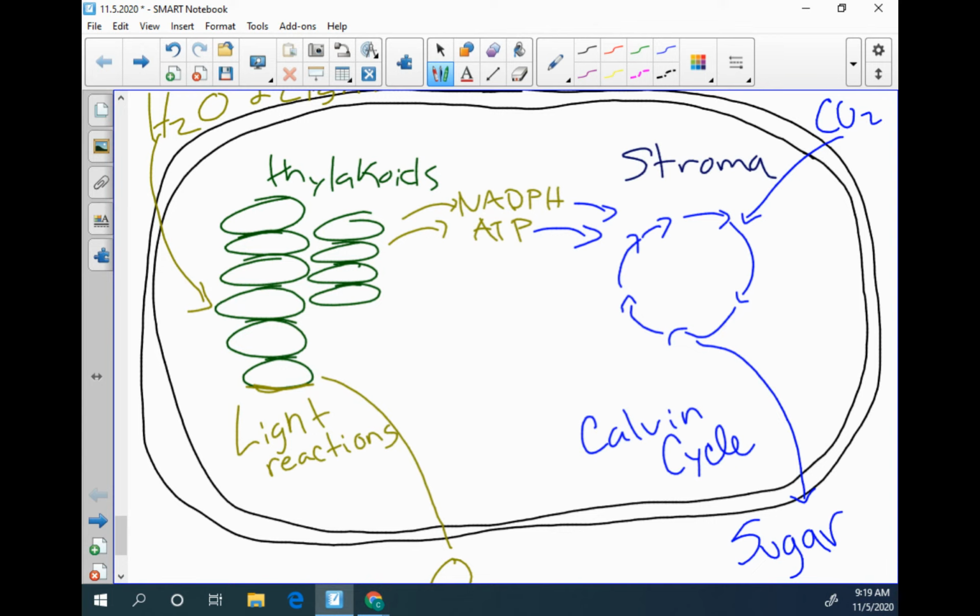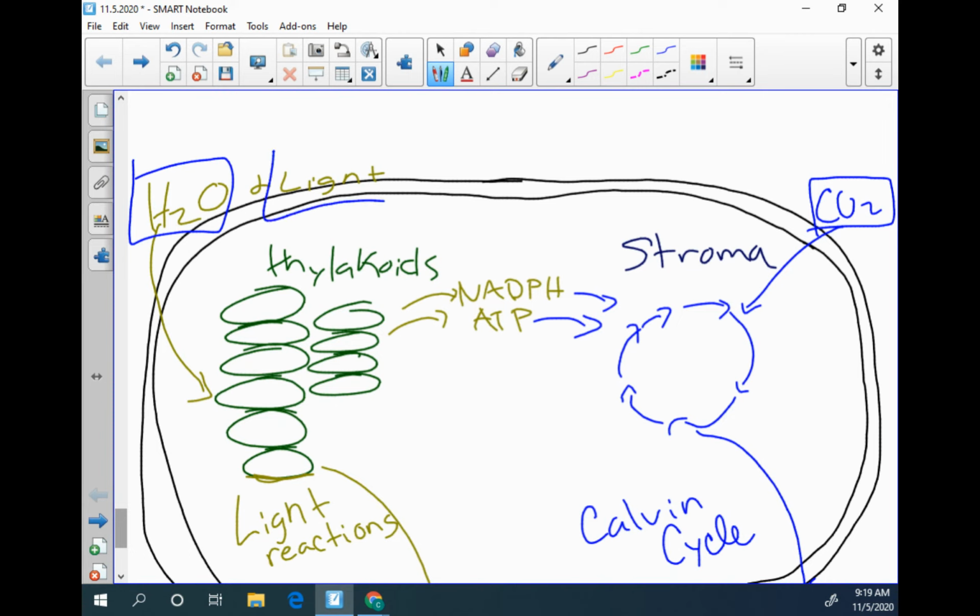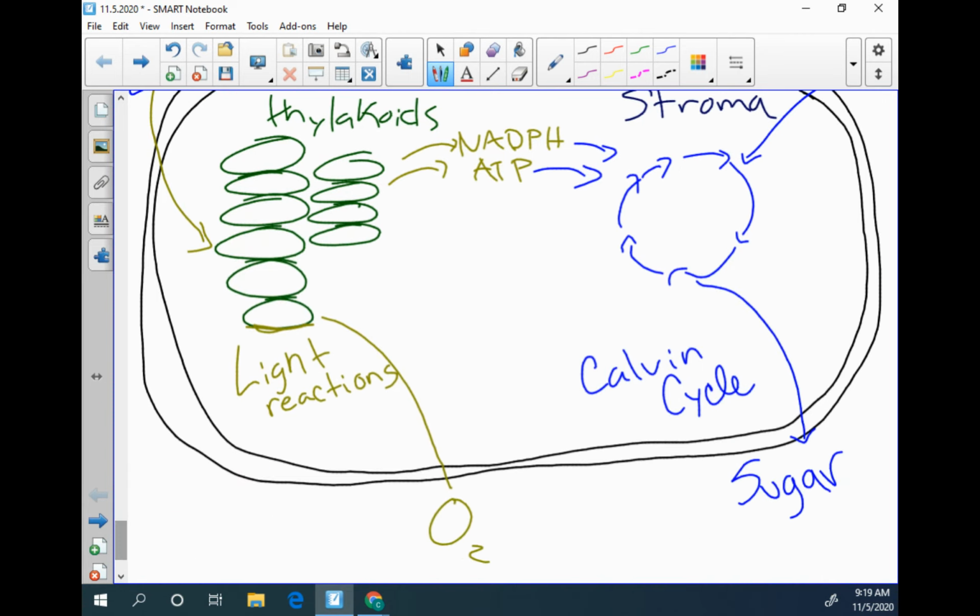Remember from yesterday, the equation for photosynthesis was 6 CO2 plus 6 H2O plus light energy will give us 6 O2 and C6H12O6.